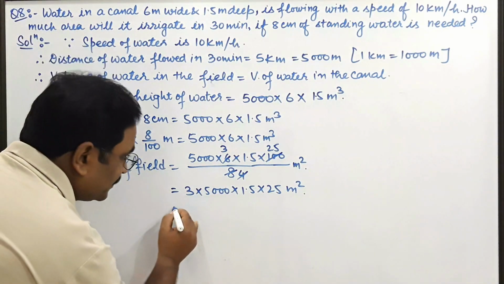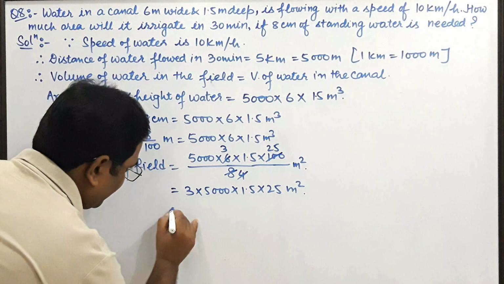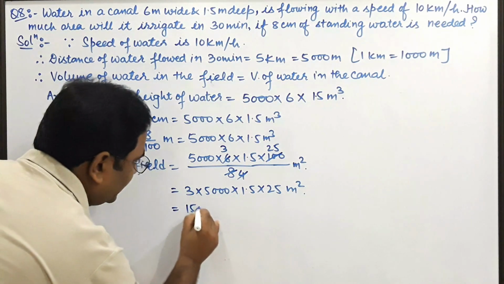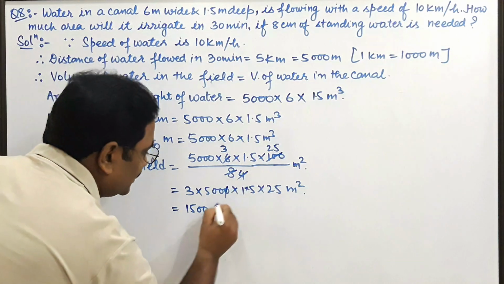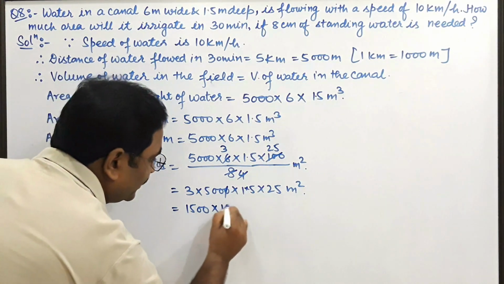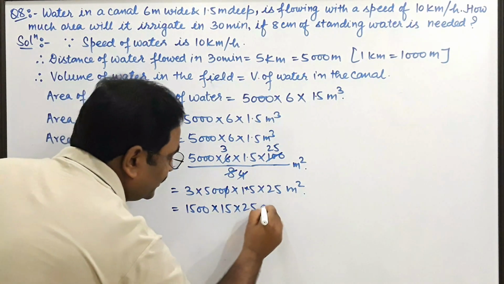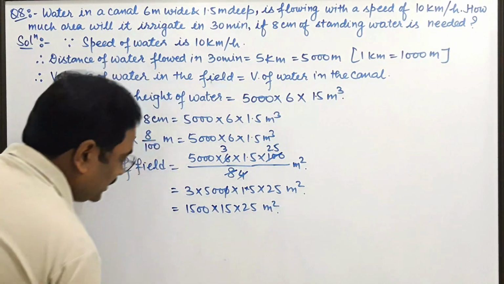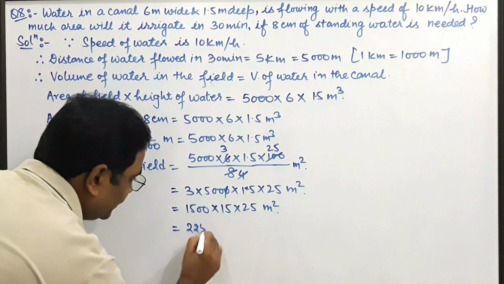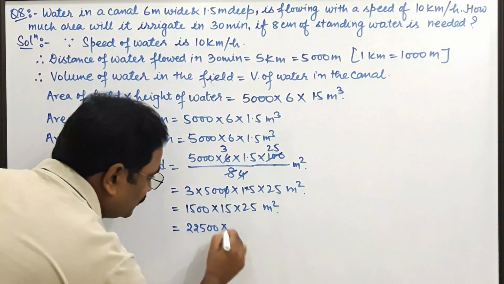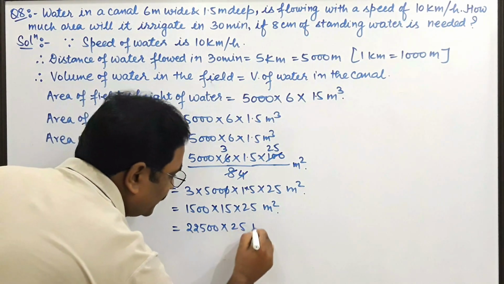Now 5 3s are 15, 1500, 1 0 is cancelled in this decimal. We will get 15 into 25 meters square. Multiply it. 15 into 15 is 225.